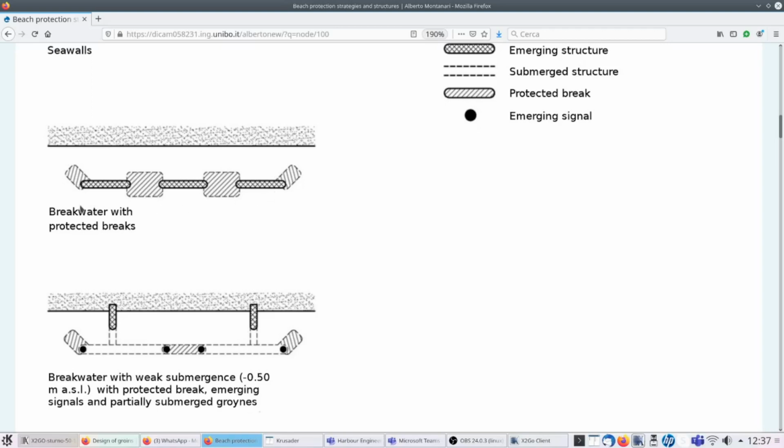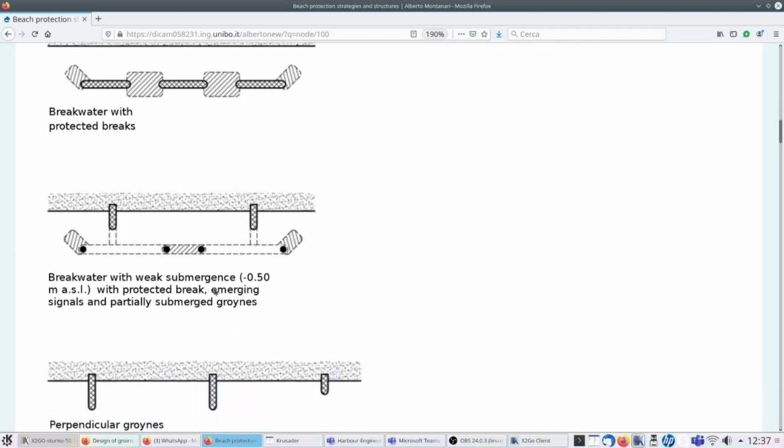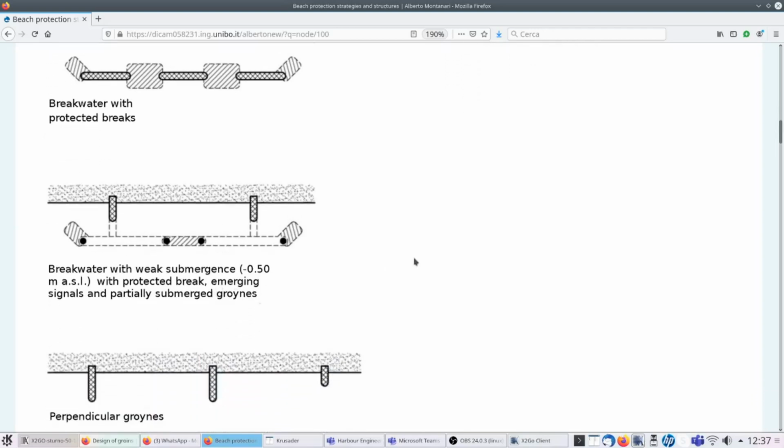For this reason, you see that even the extreme ends of this sequence of structures are protected. And in this case you see a combination of groins with breakwater.